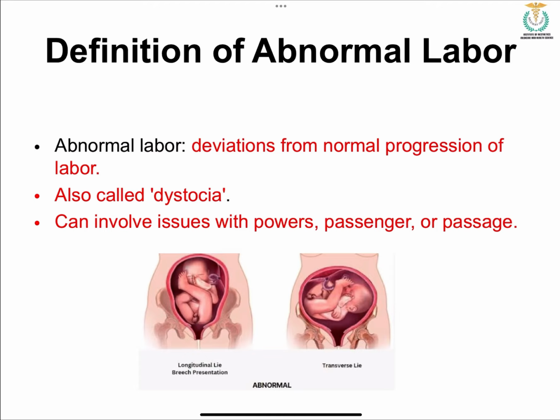Plan for a cesarean section if arrest persists. So this is how you can manage the situation if the patient is 7 centimeters dilated and has not changed for 4 hours with good contractions. That is the basic intro about what abnormal labor is.